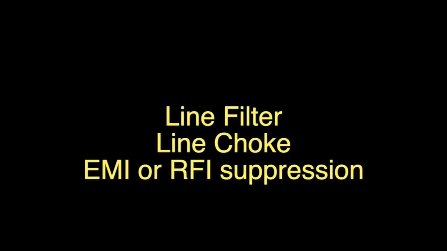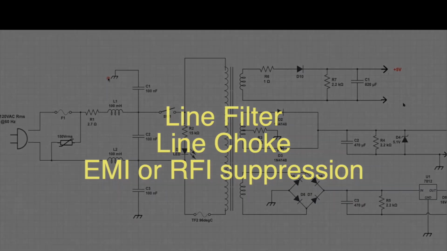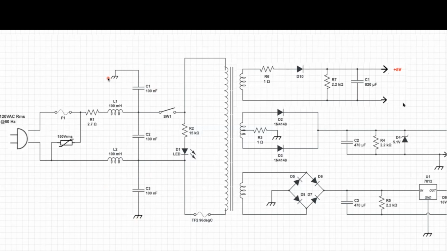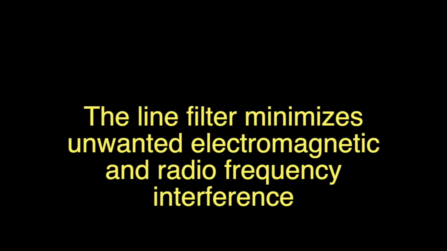Some engineers call it EMI or RFI suppression. But that's essentially what it does. It takes any interference on our power line that comes from other devices. High frequency interference, maybe your cell phone or your Wi-Fi is sneaking into this power supply. Well, we hope it blocks it out and filters that line.